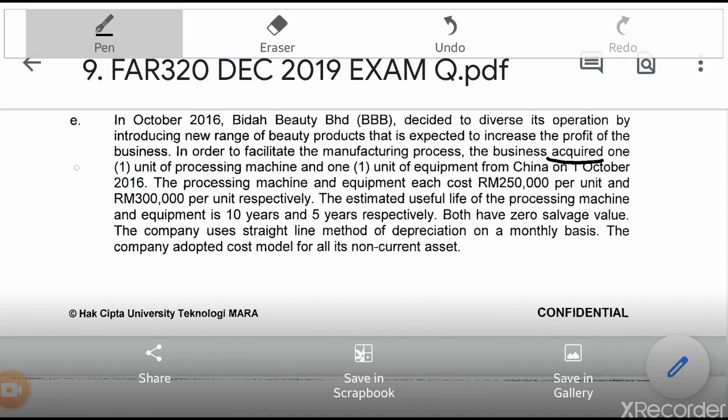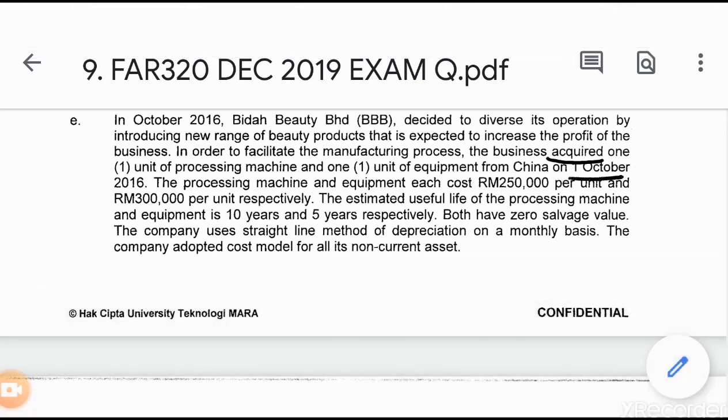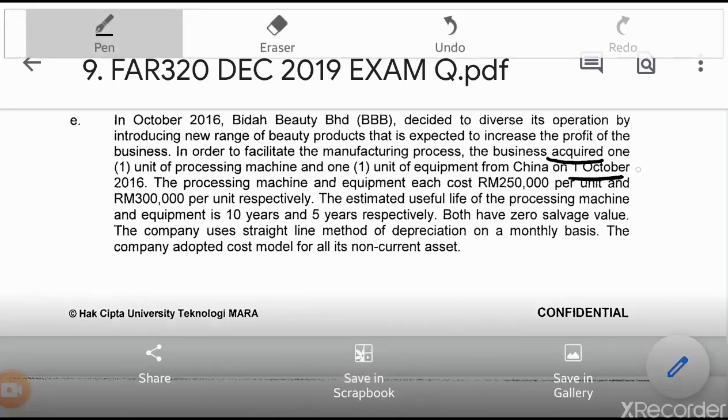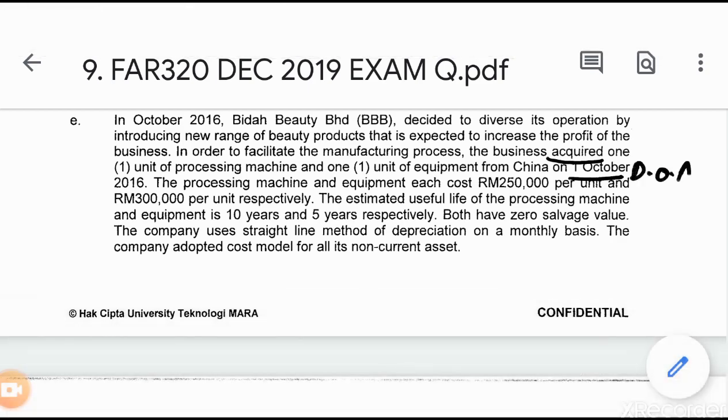Be careful, sometimes 2 units, 3 units, and you are careless and didn't notice and you lose marks thinking it's only one. Processing machine and 1 unit of equipment from China, and the date of acquisition is 1st of October.